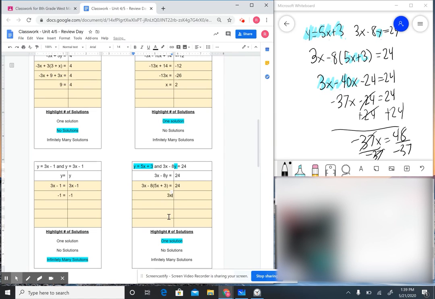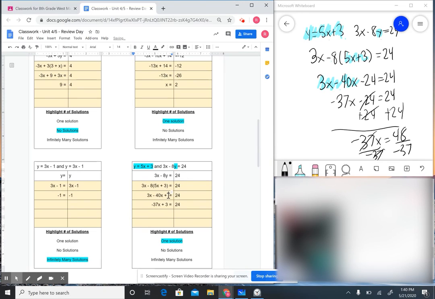And then we did the distributive property. And then we combined like terms. Oops, made a mistake there. Should be negative plus 3.